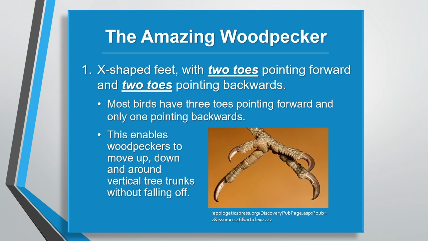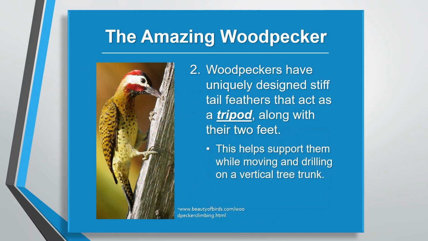Most birds have three toes pointing forward and only one pointing backwards. This enables woodpeckers to move up, down, and around vertical tree trunks without falling off. Second, woodpeckers have uniquely designed tail feathers that act as a tripod, along with their two feet, to help support them while moving and drilling on a vertical tree trunk.